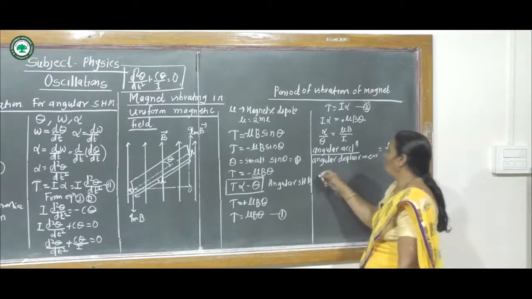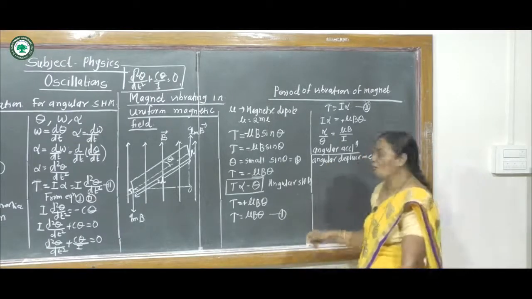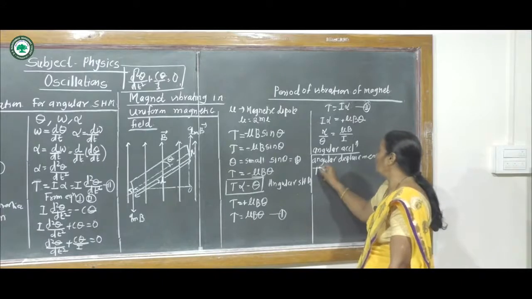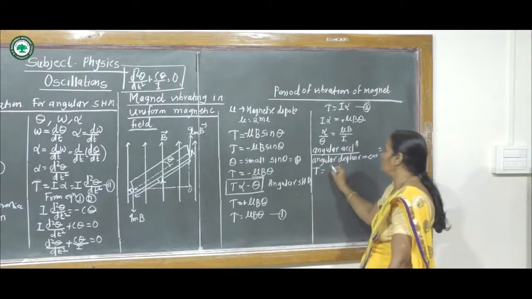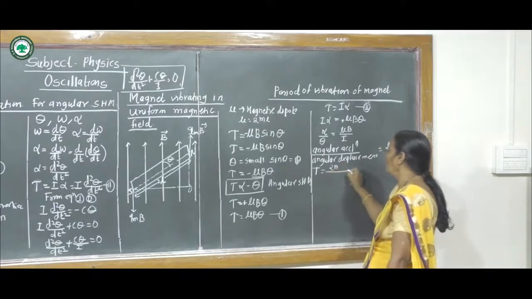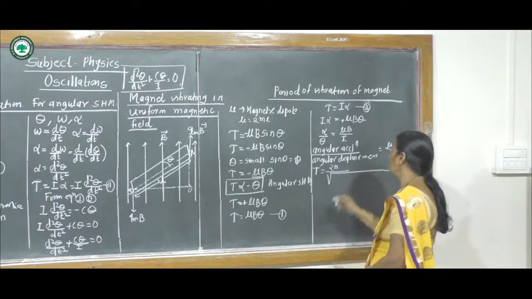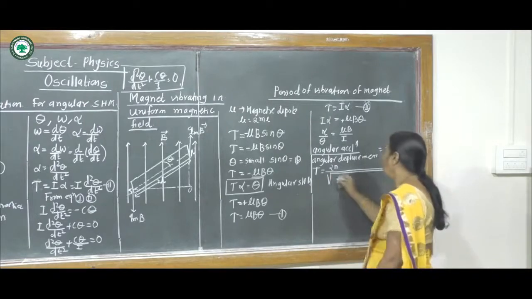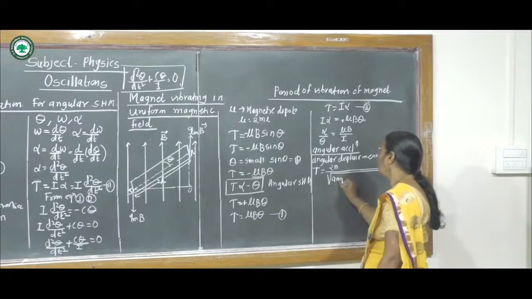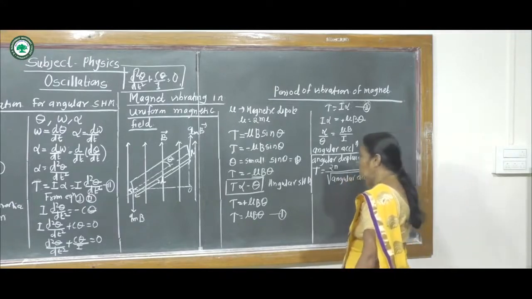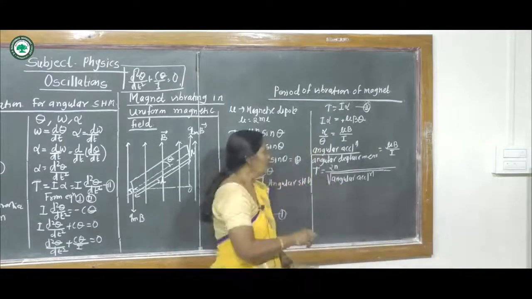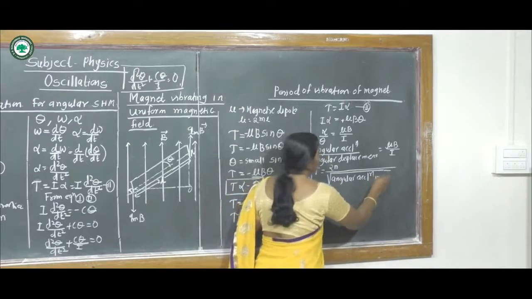Now we obtain the formula for the period of vibration of the magnet. The period T is equal to 2 pi divided by omega, that is 2 pi divided by the square root of angular acceleration per unit angular displacement.